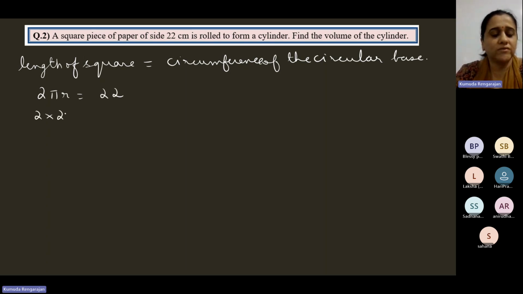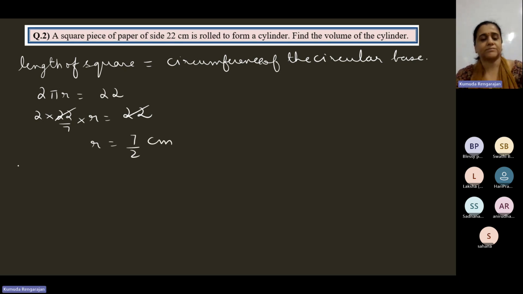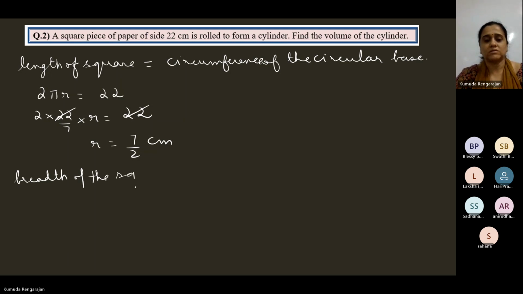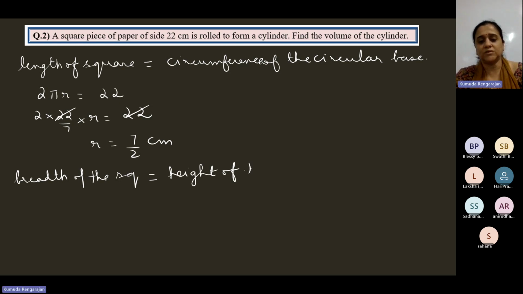2 into 22 by 7 into r is equal to 22. 22 gets cancelled. So r is equal to 7 by 2 centimeter. Then breadth of the square is equal to height of the cylinder.